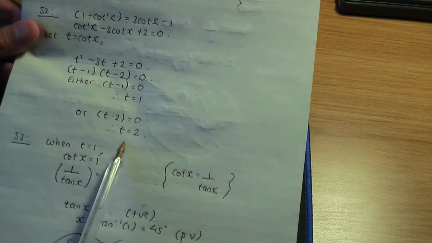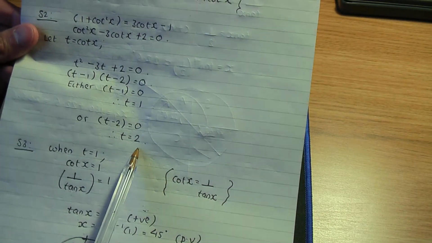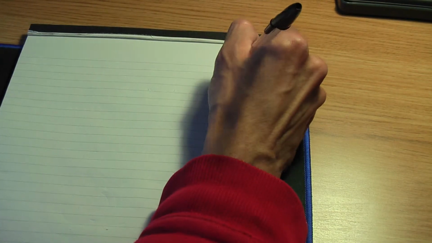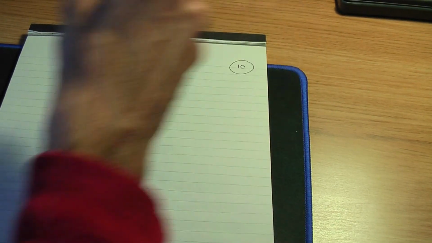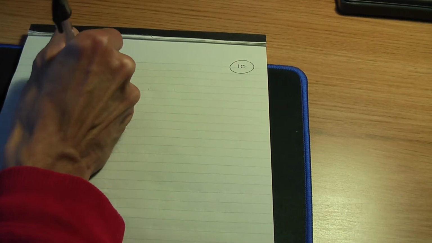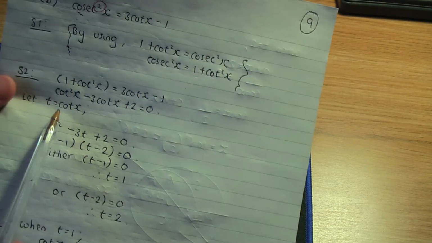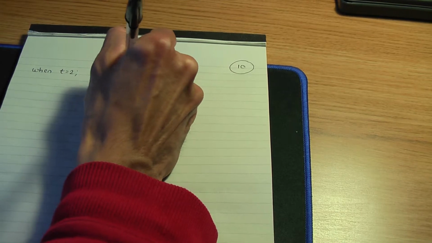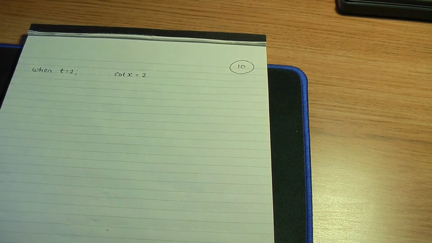However, these are the solutions for when t equals 1. We have another t value, t equals 2. So let's have a look. Brand new page. When t equals 2, if I replace that in our substitution, t equals cot x, we're going to have cot x equals 2.